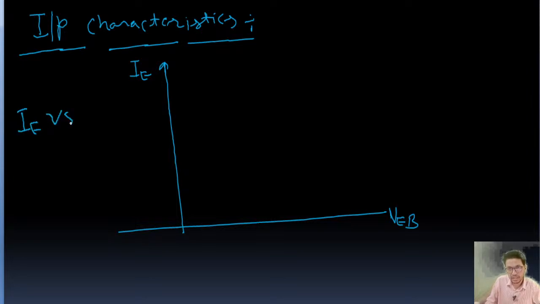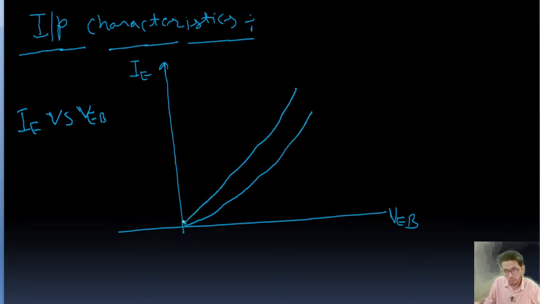This graph is going to be like this. This is the input characteristic curve, the IE versus VEB, emitter current versus that VEB voltage. Here we need to understand VCB.